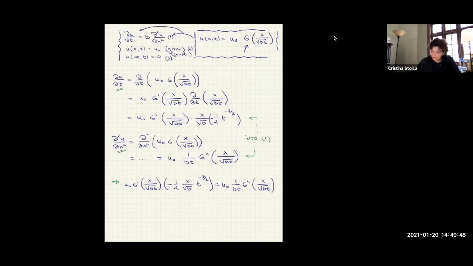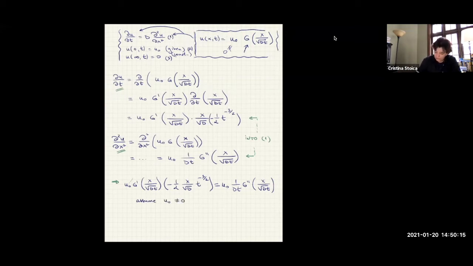Now we're going to assume that this constant u naught is not 0. Because by the way, if u naught is 0, then everything is 0, the solution is just 0 everywhere, and it verifies. So in order to have a non-trivial problem, we assume this constant is not 0.